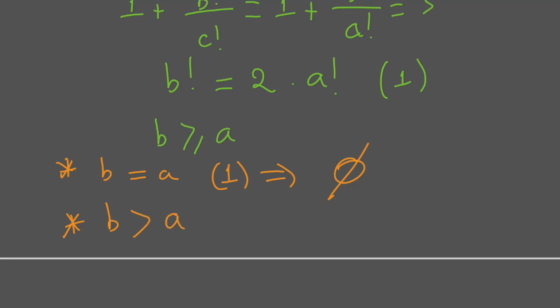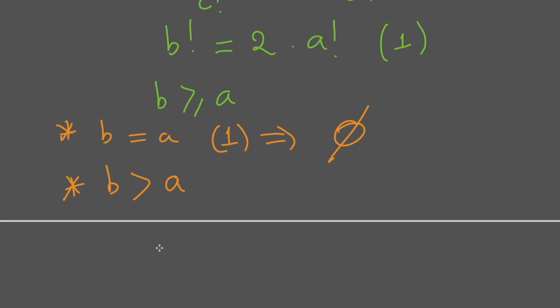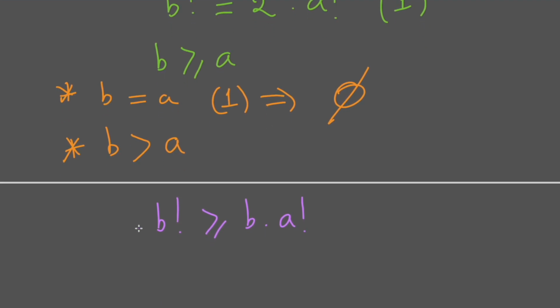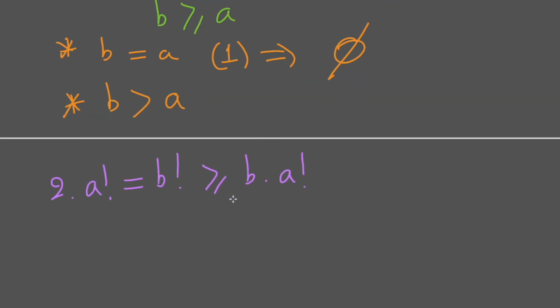If b is greater than a, then b! is greater than or equal to b multiplied by a!. Obviously, 2 multiplied by a! is greater than or equal to b multiplied by a!, then 2 is greater than or equal to b.